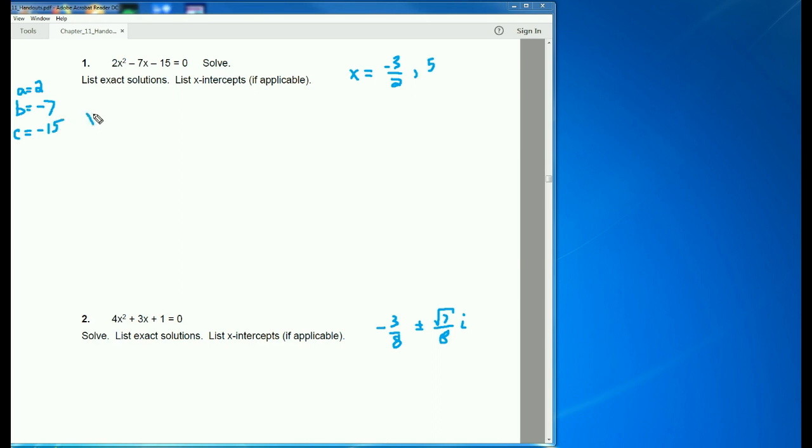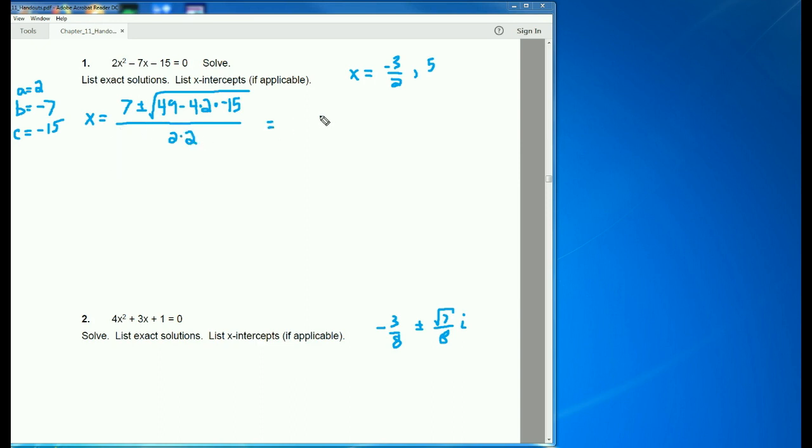All right, so the solutions are x equals -b, which is going to be +7, plus or minus the square root of b squared. -7 times -7 is +49, minus 4 times a, which is 2, times c, which is -15, all over 2a, so 2 times 2.